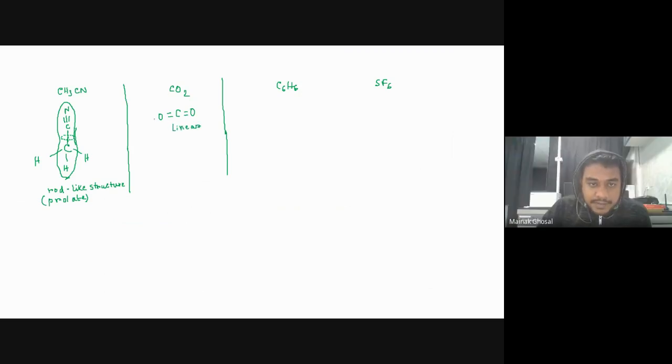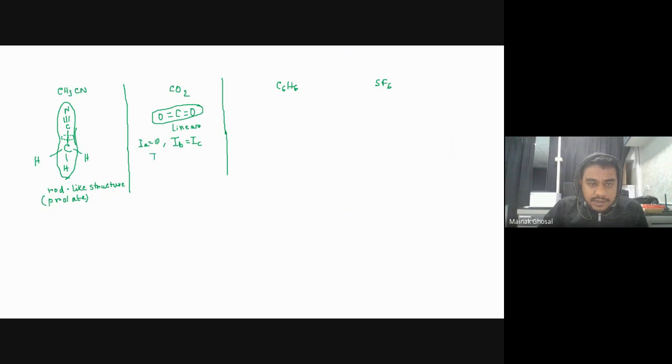And I have discussed that linear molecules also have a rod-like structure. For that, IA is equal to 0 and IB will be equal to IC.